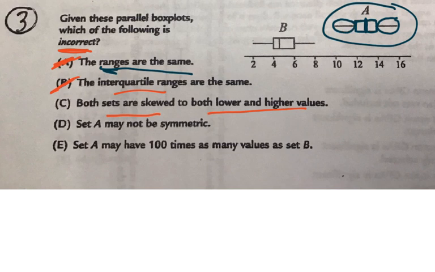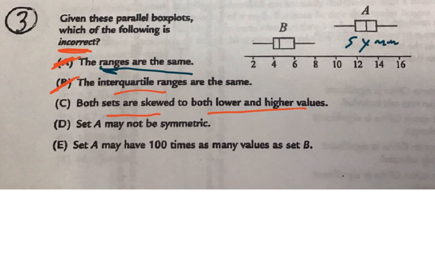But the idea is the top 50% and the bottom 50%. Remember, this median here at around 13, right? I now know, according to that box plot, about 50% of the values are higher than 13, 50% are lower than 13, right? So, long story short, you ought to recognize that A is actually symmetric.